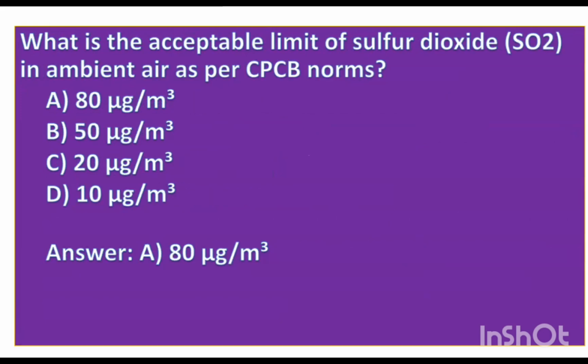What is the acceptable limit of sulfur dioxide in ambient air as per CPCB norms? Options: 80 micrograms per meter cube, 50 micrograms per meter cube, 20 micrograms per meter cube, 10 micrograms per meter cube. Answer: 80 micrograms per meter cube.